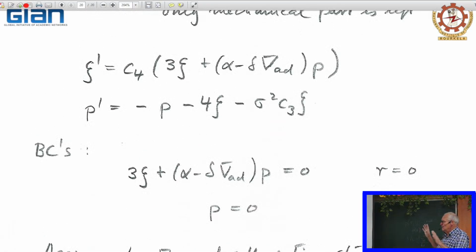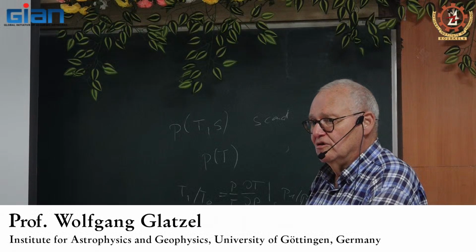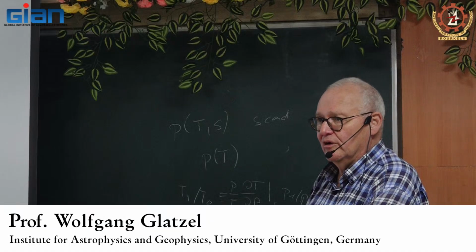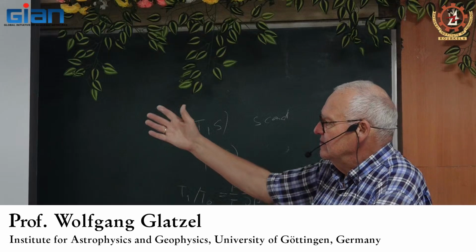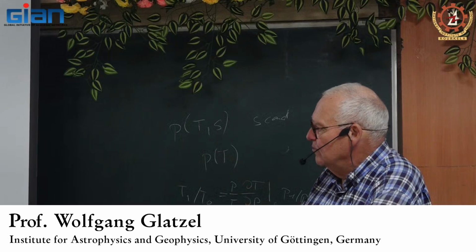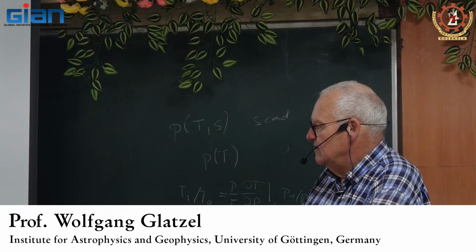So this is one of the possible approximations to the full radial non-adiabatic problem. So this is the reduced form for radial adiabatic pulsations and stability.